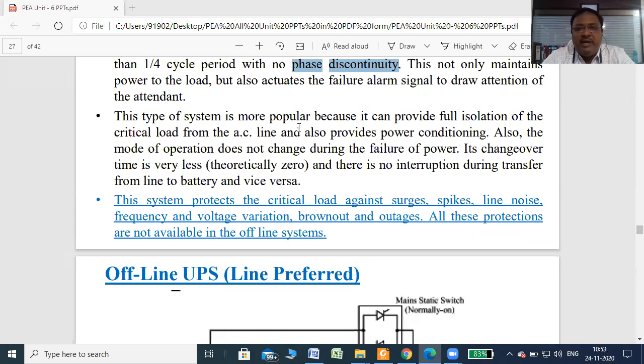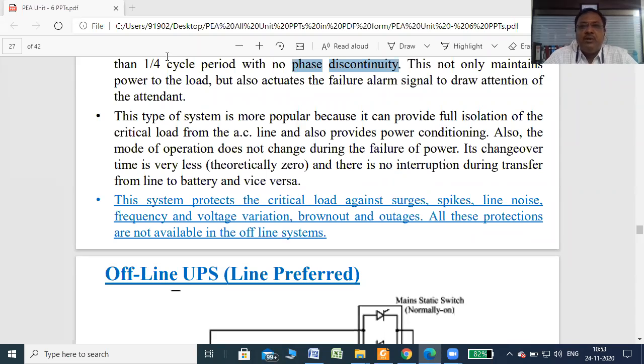The main advantage is that the system protects the critical load against surges, spikes, line noise, and frequency and voltage variation. Is there any idea how this circuit protects your critical load from these harmful situations?